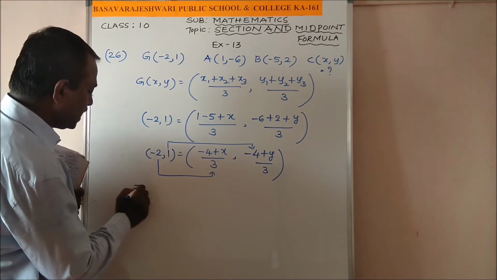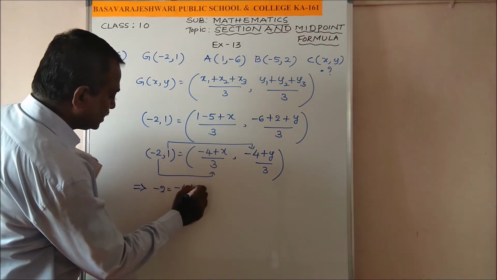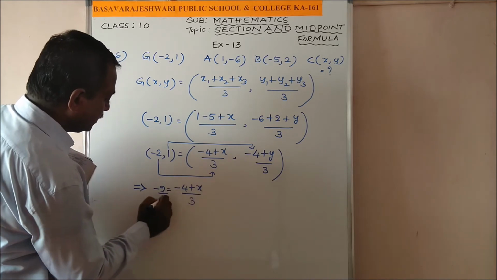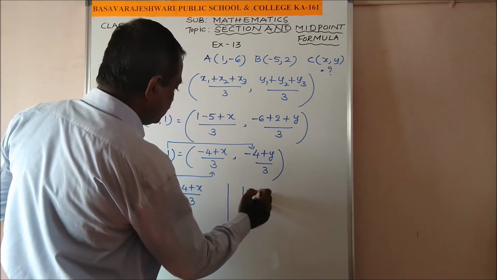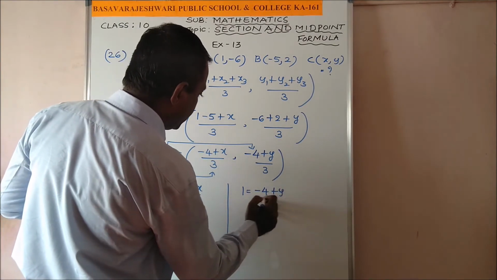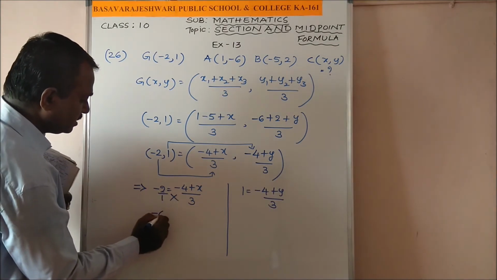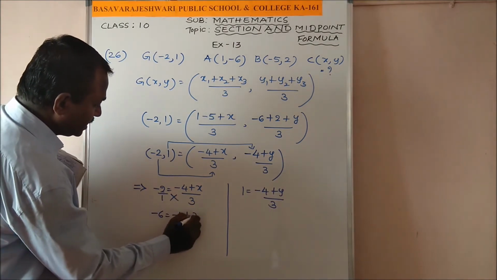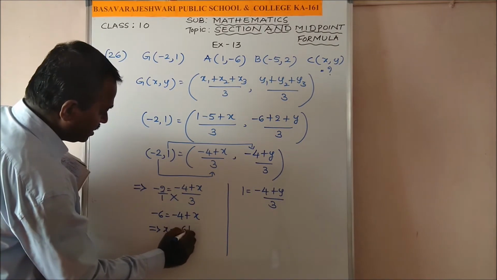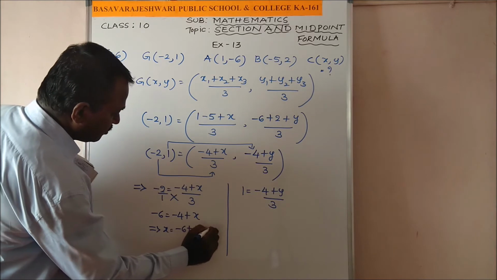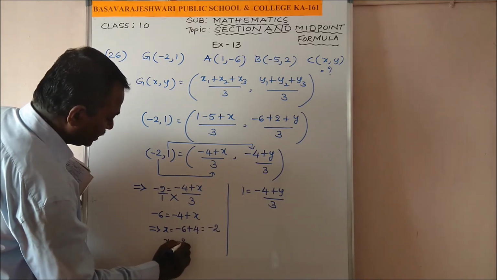So -2 = (-4 + x)/3. Now cross multiplication: 3 times -2 is -6, equal to -4 + x. So x = -6 + 4, that is -2. Therefore x = -2.